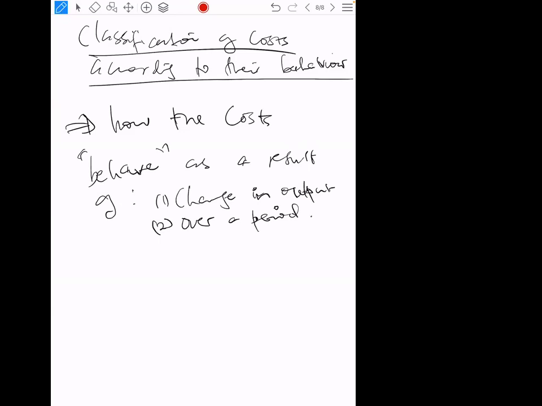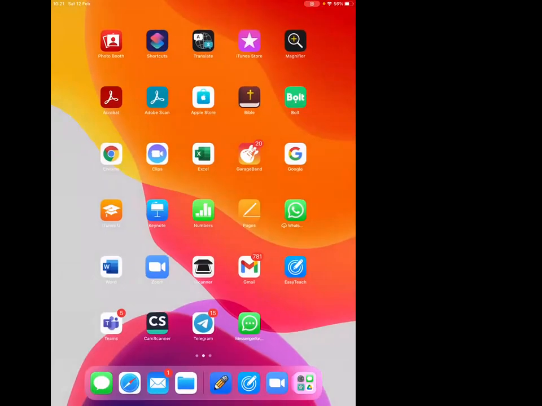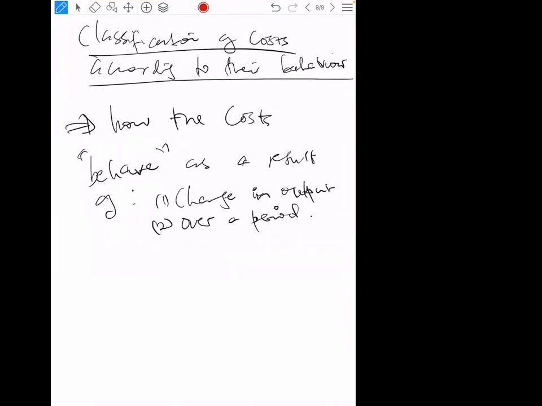All right. Now, for instance, through passage of time, other costs will remain the same, things like your factory rent. So we'll call them fixed costs. And some costs can increase or decrease due to a change in output. If a cost is going to react to a change in output, we shall call it a variable cost.